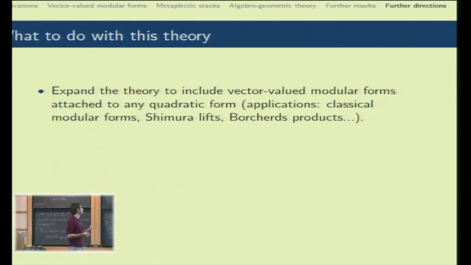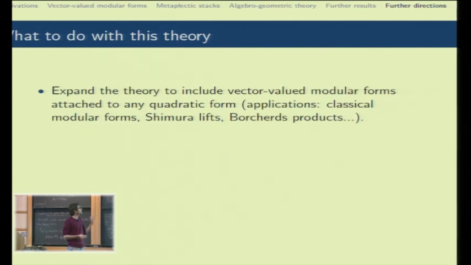You can do several things with this theory. The low-hanging fruit is to extend the theory to theta functions for any quadratic form. Essentially, you just have to slightly generalize the work I've been doing, and thanks to Mumford, who worked in such great generality, we can take a lot of that from him.